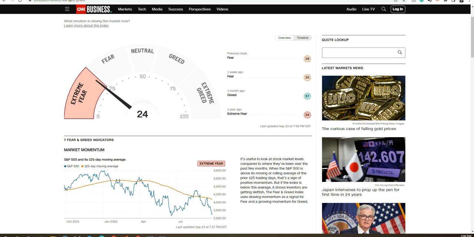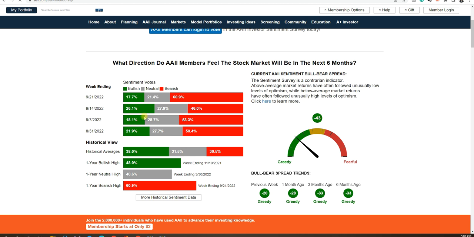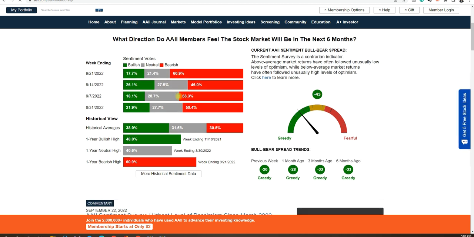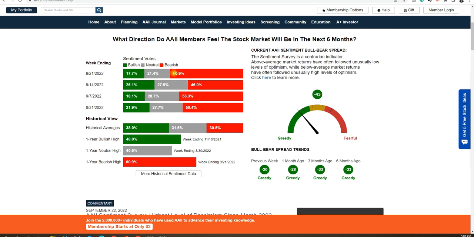The next one is the AAII sentiment survey. So this is the most bearish sentiment that I've ever seen, to be honest, since 2009 and 2010. And 60% of people, based on this survey, which is very, very reliable, I would recommend looking at this, 60% are bearish, just 17.7% are bullish.